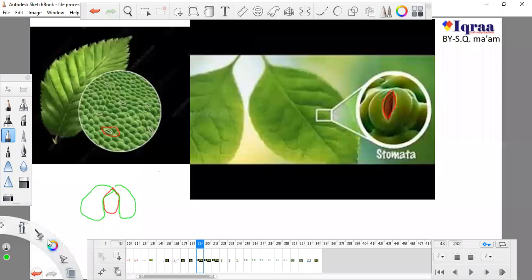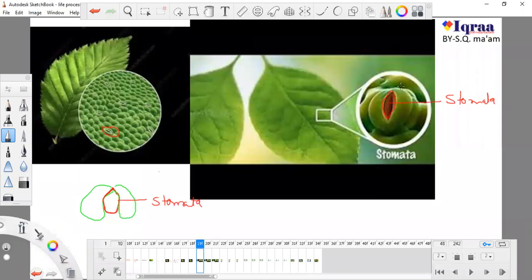This tiny aperture you can see here is exactly what is known as stomata. It is guarded by two cells which are known as guard cells. I am denoting the guard cells here using a white pen.